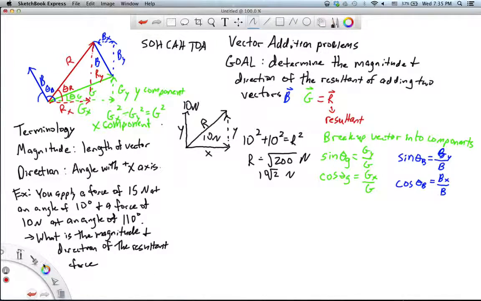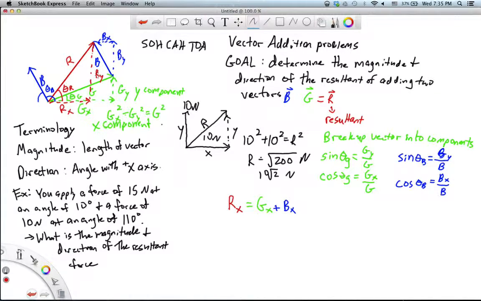And so what I can say is, because those two lengths are the same, Rx, the x component of the resultant force, is equal to Gx plus Bx.